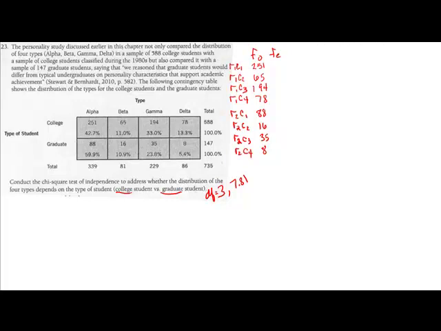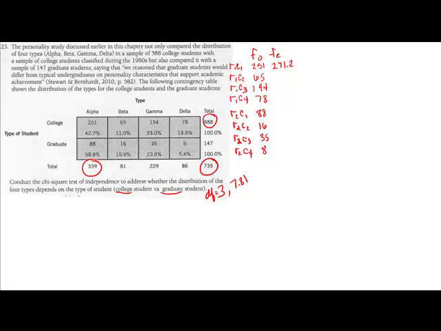Now remember, frequency expected, you take the row total and multiply it by the column total and then divide by n. So frequency expected for row 1, column 1, it's 588 times 339 divided by 735, leaves us with 271.2.